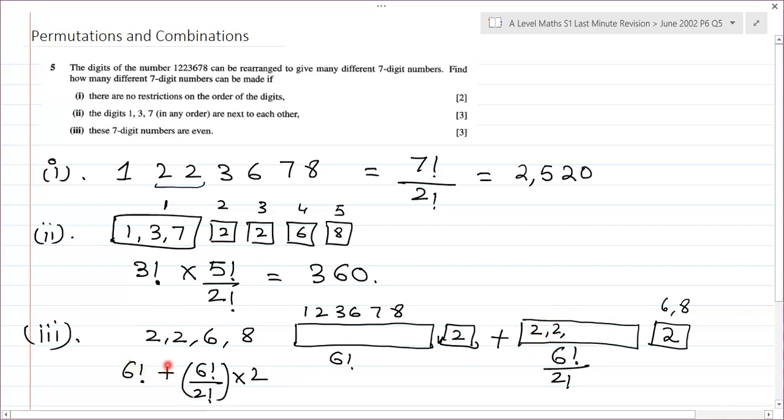So that's 2 and 2 cancel out. So it's just 6 factorial plus 6 factorial. What is 6 factorial? That's 720. 720 times 2 is going to give you 1440. That's the answer. Let's just move on to the next one.